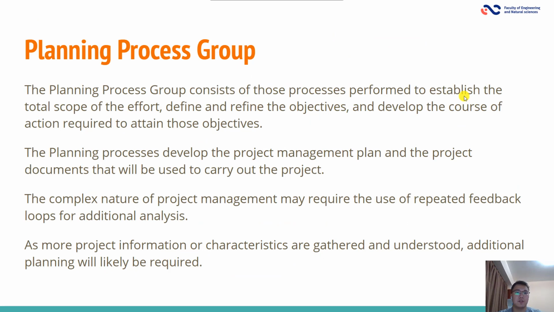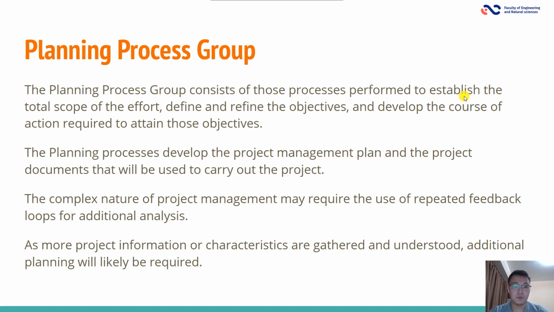Okay, planning process group. The planning process group consists of those processes performed to establish the total scope of the effort, define and refine the objectives, and develop the course of action required to attain those objectives. The planning process develops the project management plan and the project documents that will be used to carry out the project.